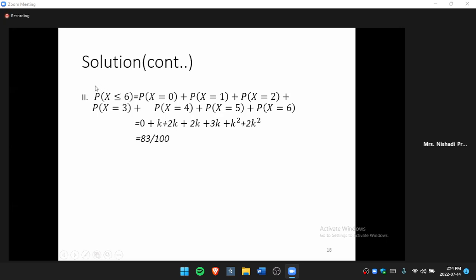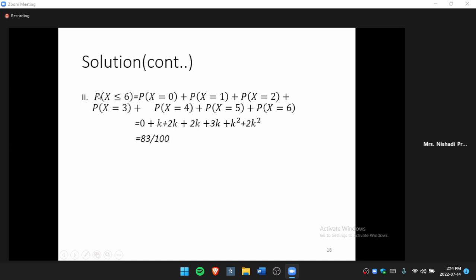It's really important in discrete random variables or probability mass functions to consider these inequalities and equal signs. So this is a discrete random variable, therefore you have to consider this equal sign also.